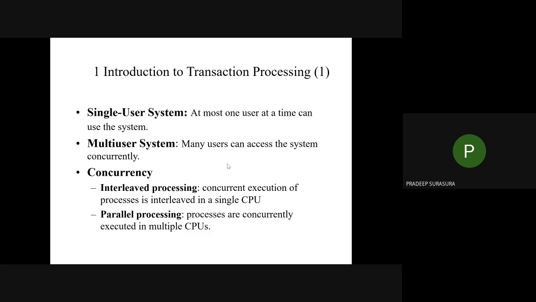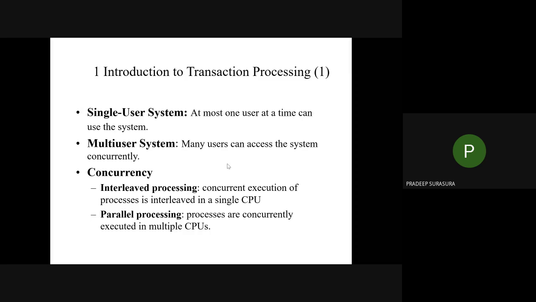So to do that, no doubt we need to have interleaved processing and parallel processing as well. Now, parallel processing means 2 to 3 people simultaneously accessing their data in their ATMs, or 2 to 3 people simultaneously accessing your Amazon website. Just imagine one simple example: the Big Billion Day of the Amazon website or Flipkart.